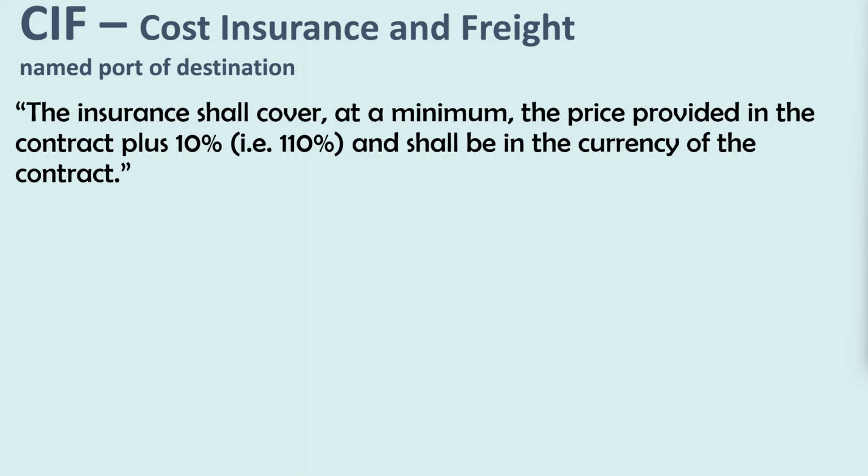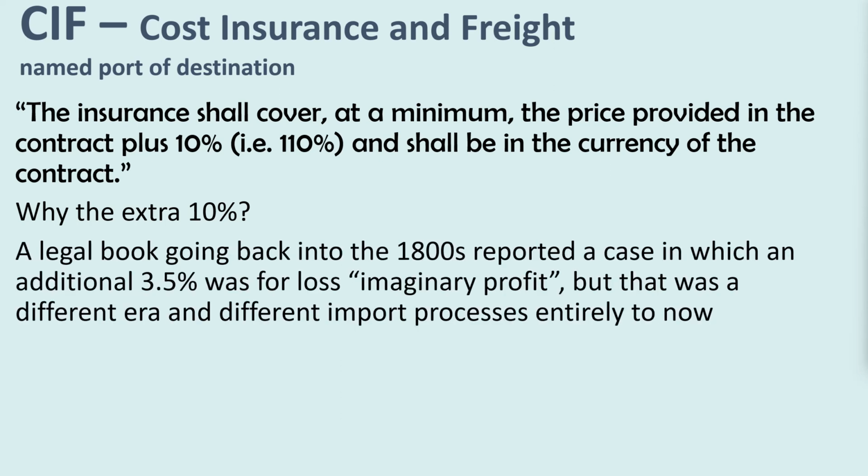Let's look at the clausing in isolation. The insurance shall cover, at a minimum, the price provided in the contract plus 10%. So why the extra 10%? Well, a legal book going back into the 1800s reported a case in which an additional 3.5% was for loss of imaginary profit.